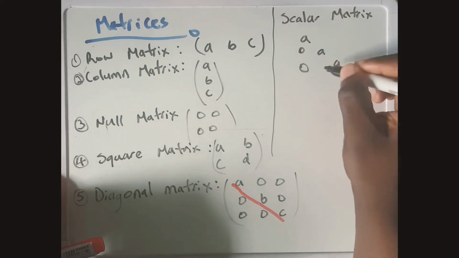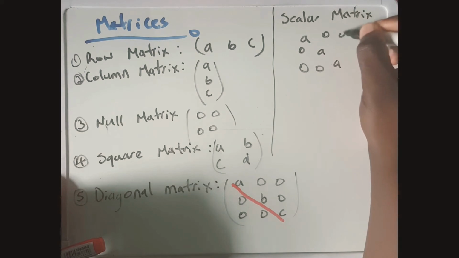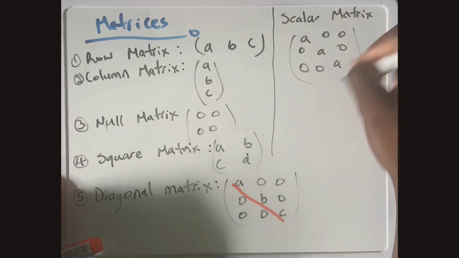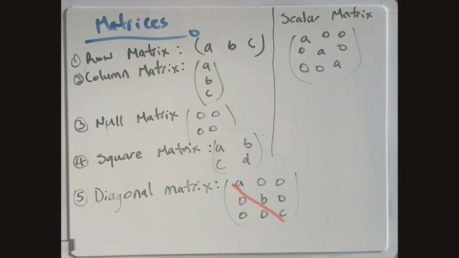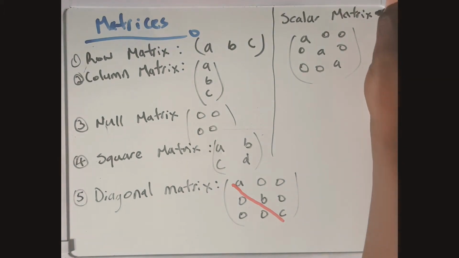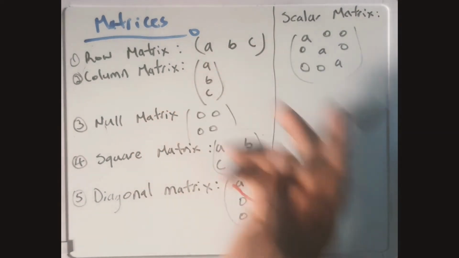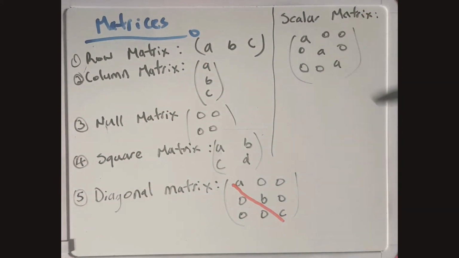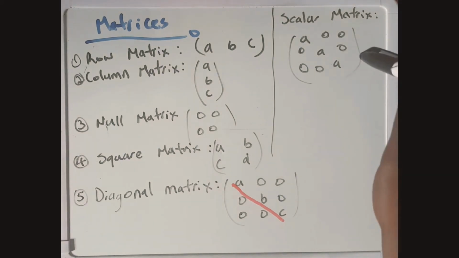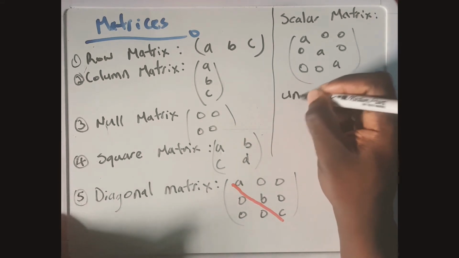This is 0, 0, 0, 0, 0. So that's what a scalar matrix would look like. The leading diagonal would have values that are equal. So I'd have 3 of the same values, for example, 3 ones. But if I had 3 ones here, it would not just be a scalar, and it would not just be a diagonal matrix. It would be what is known as the unit matrix.